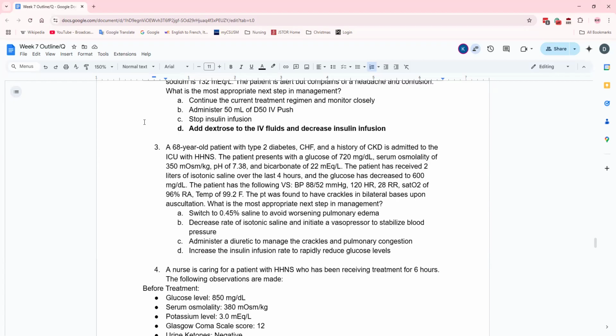The patient has received 2 liters of isotonic saline, so normal saline, over the past 4 hours, and the glucose has decreased to 600. Vital signs: blood pressure of 88/52, heart rate of 120, respirations of 28, SpO2 of 96% on room air, temperature of 99.2. The patient was found to have crackles in bilateral bases upon auscultation. What is the most appropriate next step?